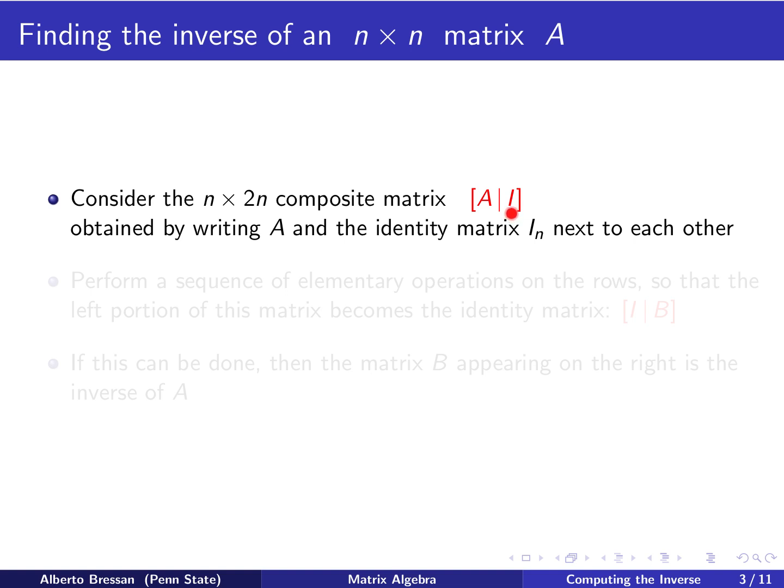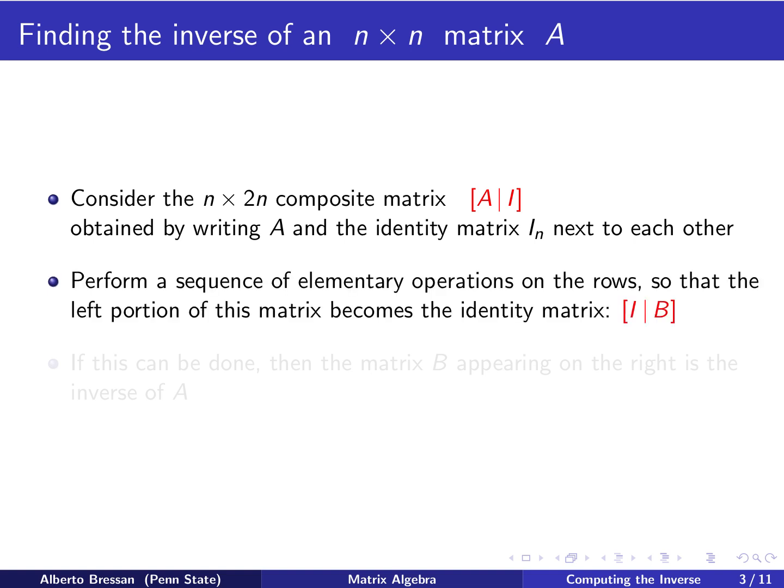The identity matrix will have the same size as A. Then we perform a sequence of elementary operations on the rows of the matrix so that the left portion, A, will become identity.